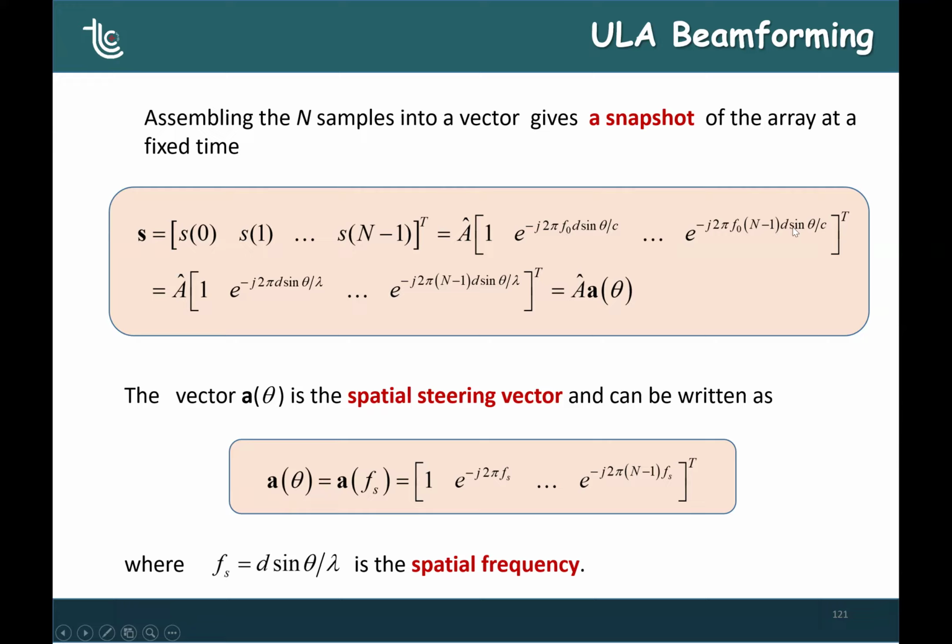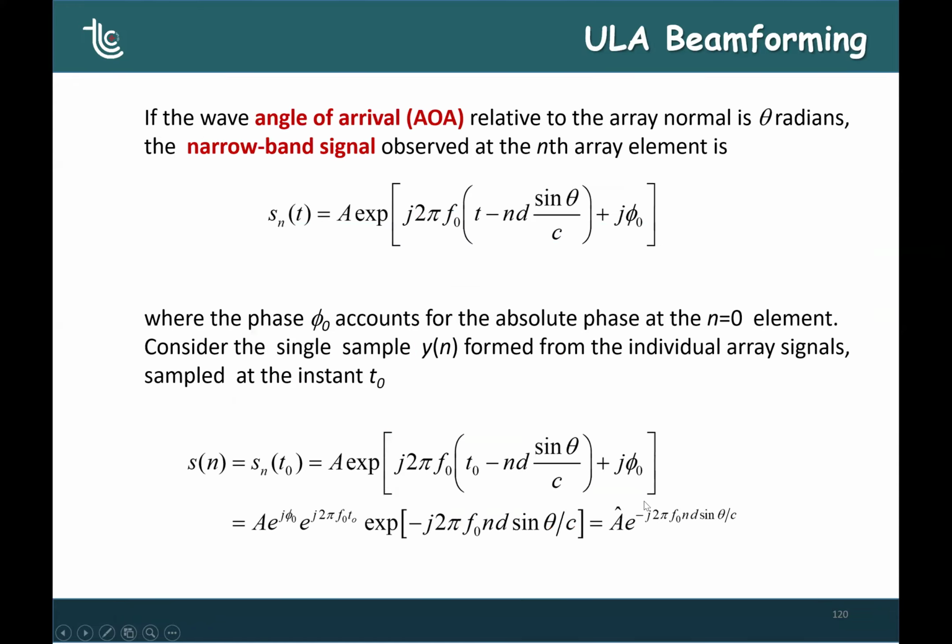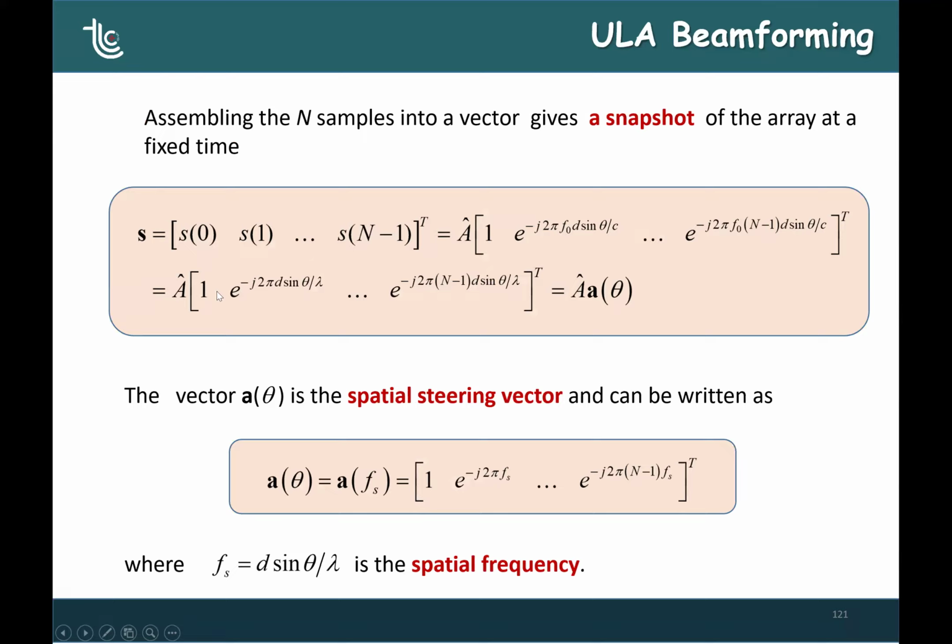And then we have all these exponential terms that depend on the index n, so the position of the antenna, okay? So we have 1, e to the minus j 2 pi d sin theta divided by lambda, and so on. So a of theta is this vector with this very specific shape, and it is called the spatial steering vector and can be written in this way.